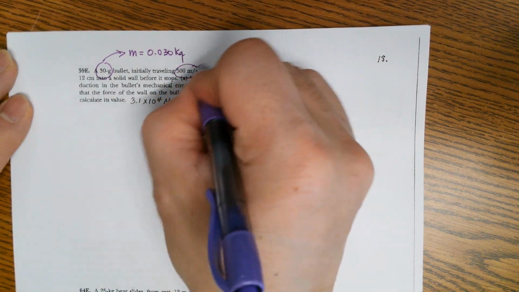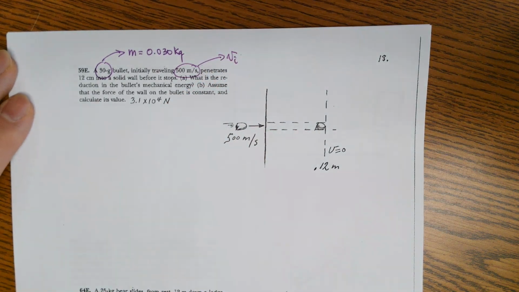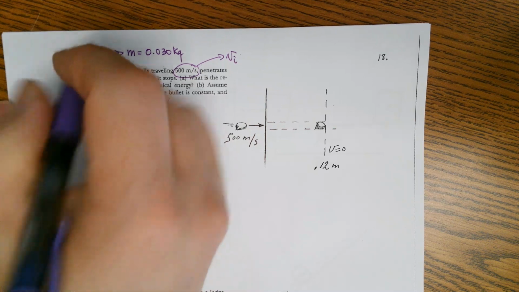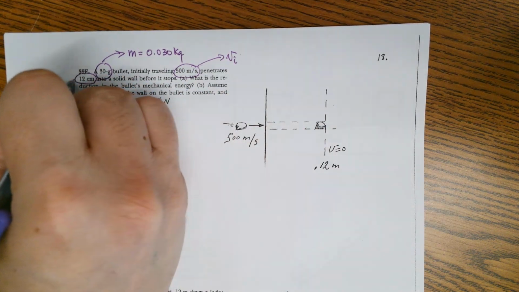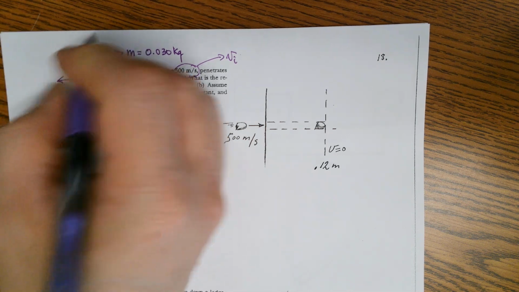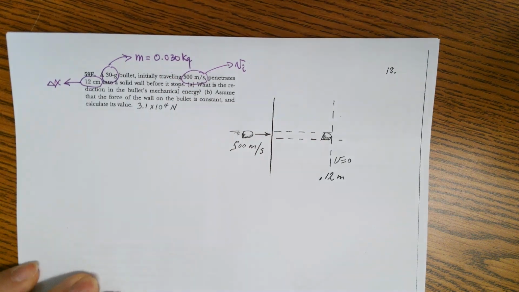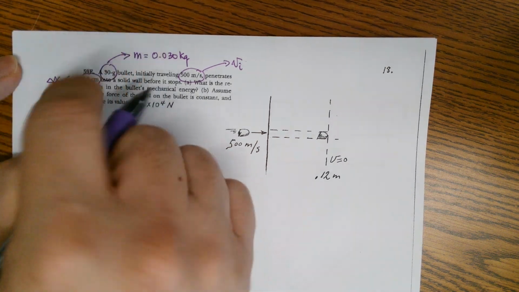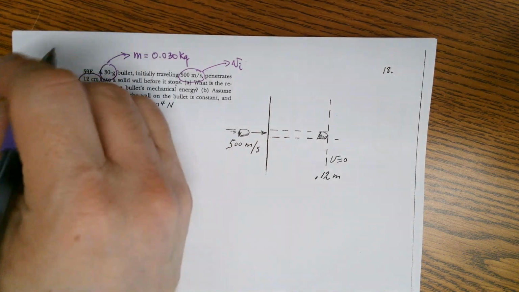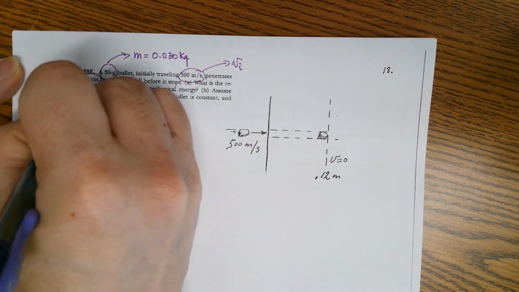This looks like the initial velocity, or initial speed, v_i, and it penetrates 12 centimeters. This is how much the bullet penetrates into the wall, and that's the delta x. And that distance should be measured in meters. So my delta x should be 0.12 meters.